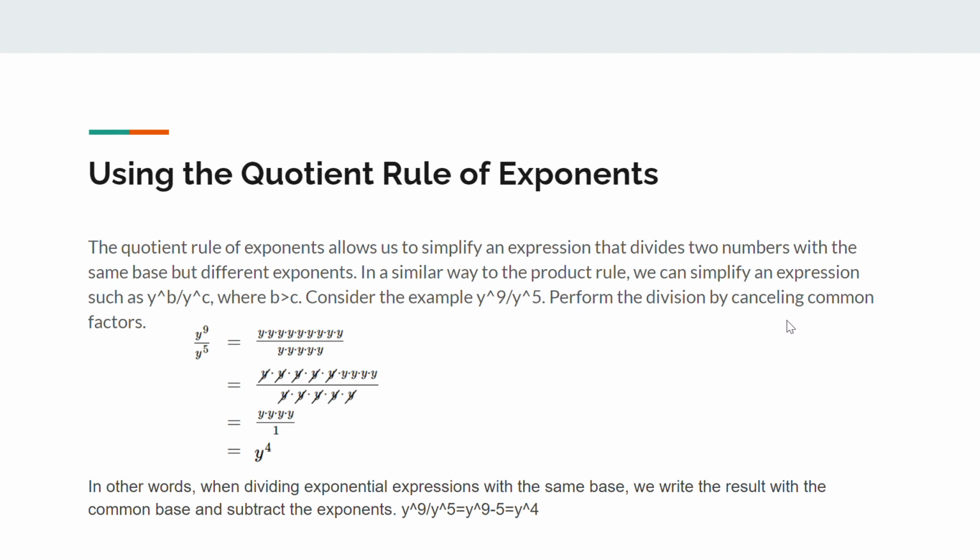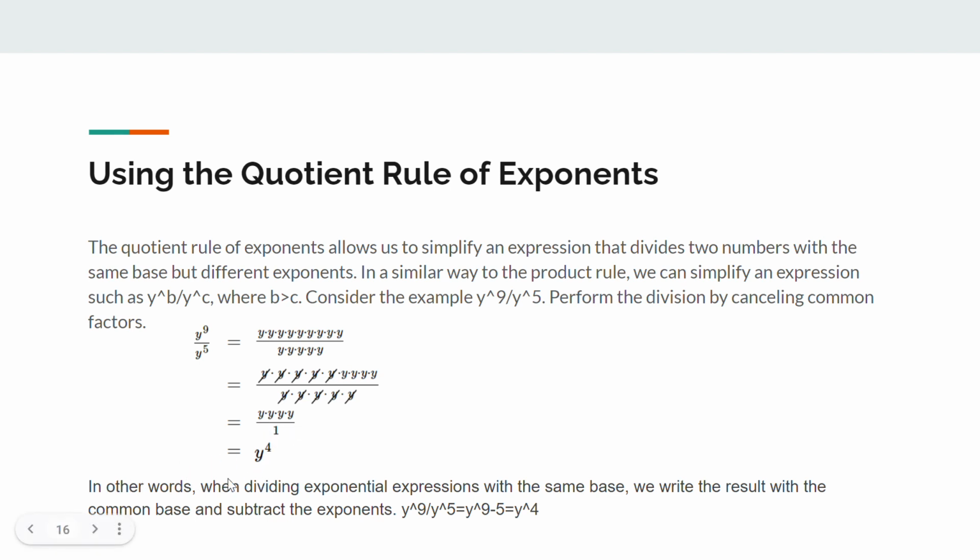Perform the division by cancelling common factors. So we have y times y for 9 times on the top, and also y times y for 5 times on the bottom. When we cancel out 5 y's from top and bottom, we get 0 y's on the bottom and then 4 y's on the top. So we get y to the power of 4.